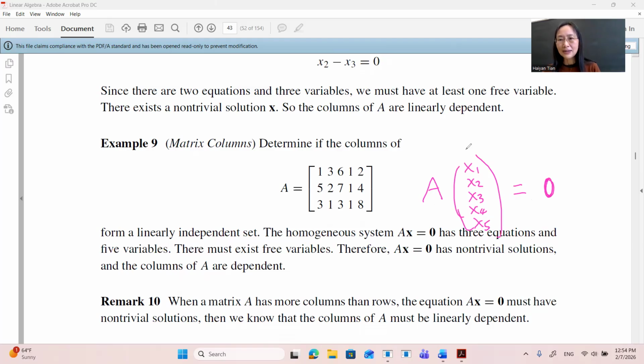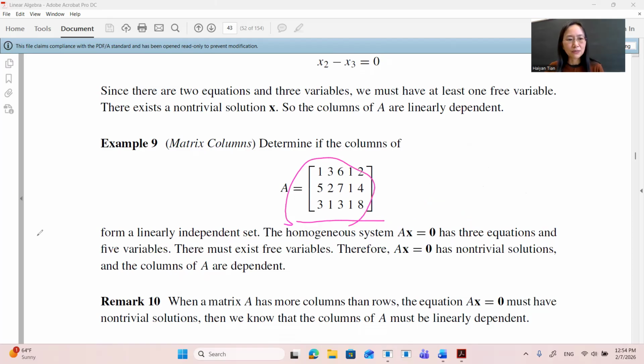So X is a vector of 5 entries. When you solve this homogeneous system of 3 equations with 5 variables, there must be at least 2 free variables. Maybe could be more, depending on what the matrix A is reduced to.